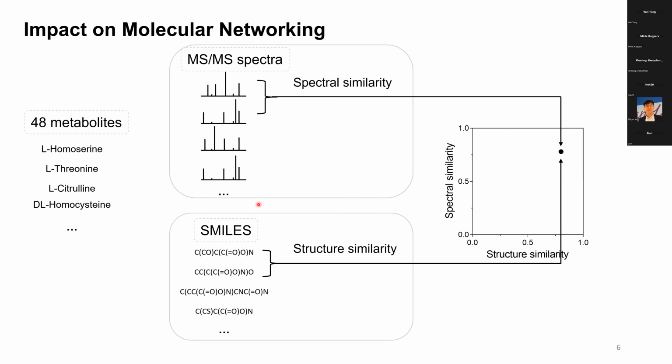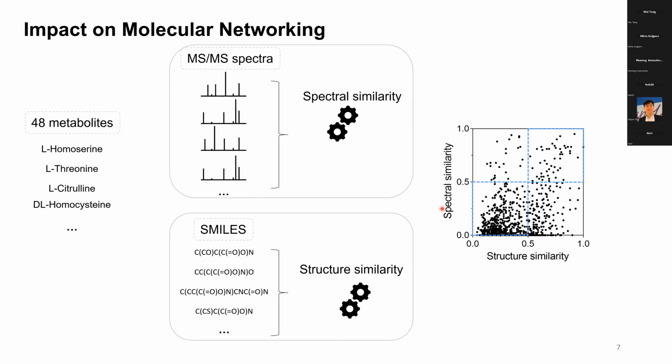We can repeat this process for all these pairs, randomly picking a pair of spectra and calculating the similarities, and eventually you will get a scatter plot like this. For some pairs, the structural similarity is a good indication of their spectral similarity, while for others it might not be. For example, those dots located in this area and in this area.